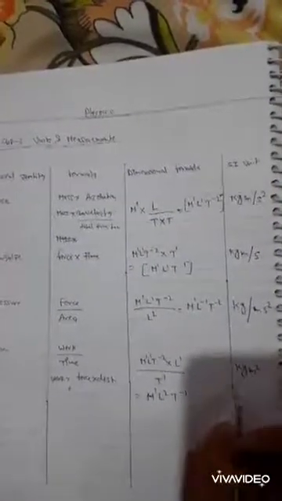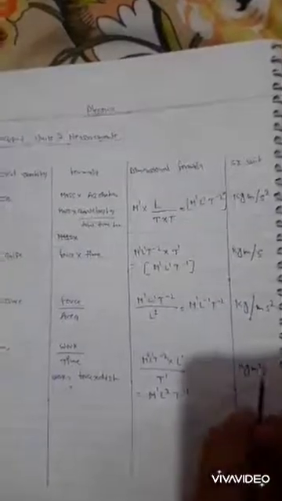So the SI unit of power will be kg, because M has power 1, and for L2 we will use meter square, and for T minus 1 we will use per second.